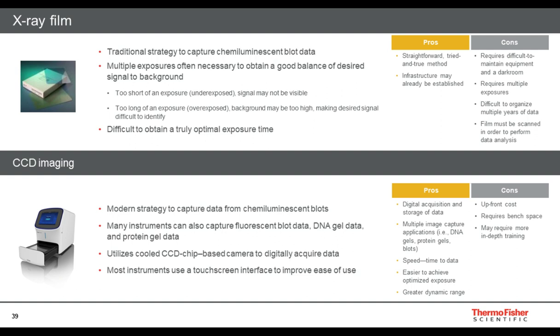The instrument and software enable easier data acquisition and optimal exposures as they use smart features to predict the best exposure times for the light that is being generated on the blot. However, these imagers do require an investment, training, and a designated space within the lab. Despite these factors, many research labs are finding significant value in CCD imaging systems.